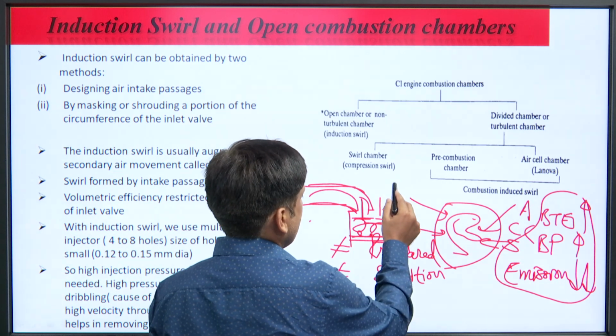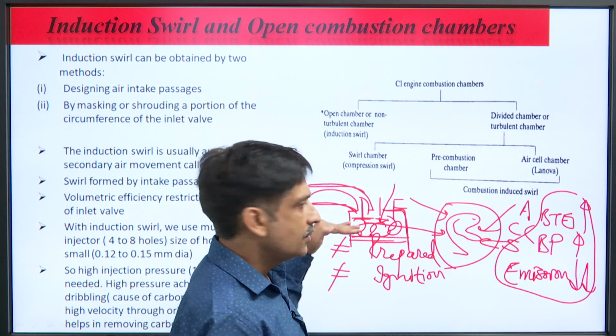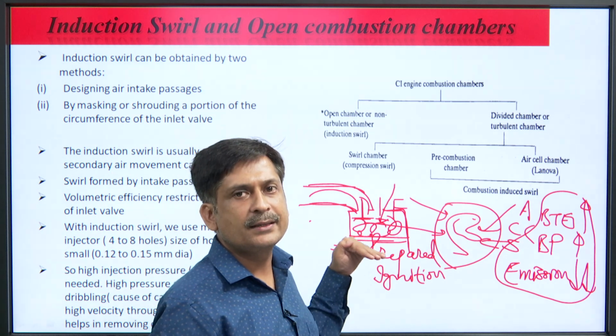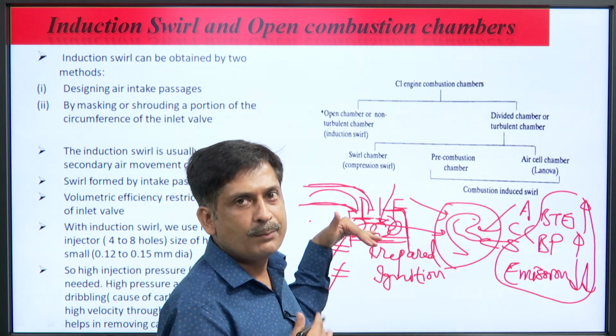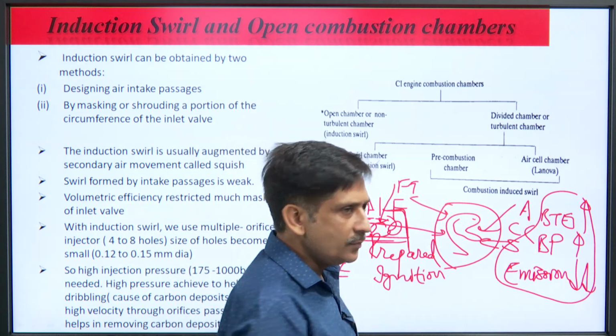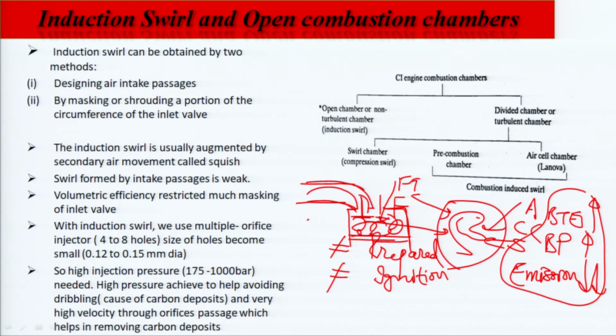is injected after compression, because in a compression ignition engine the fuel is injected after the compression is over. Practically it is some degrees before, and ideally at the end of compression. So, fuel is injected, and what happens during combustion? The fuel gets atomized, meaning disintegration of the fuel into very small droplets and vapors.